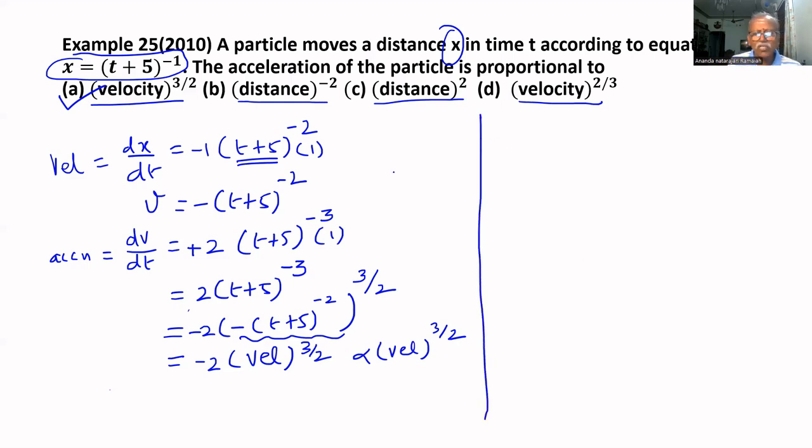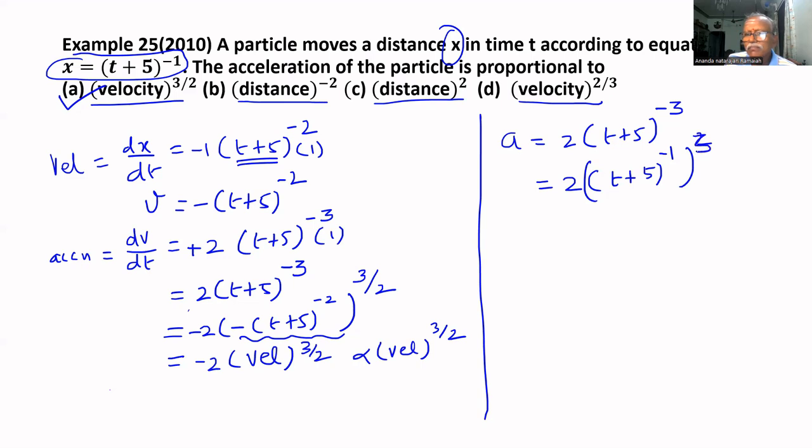But we have to check the other things also. In the examination, no need; we directly got it. We'll substitute distance also. What is acceleration? A equals 2 times t plus 5 to the power minus 3. That is the acceleration. Here t plus 5 to the power minus 1 is there, so this can be written as 2 times distance to the power 3.